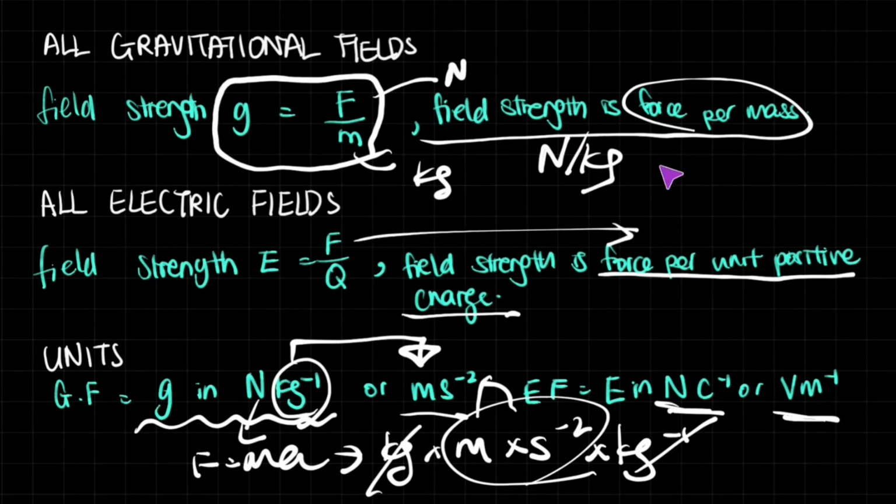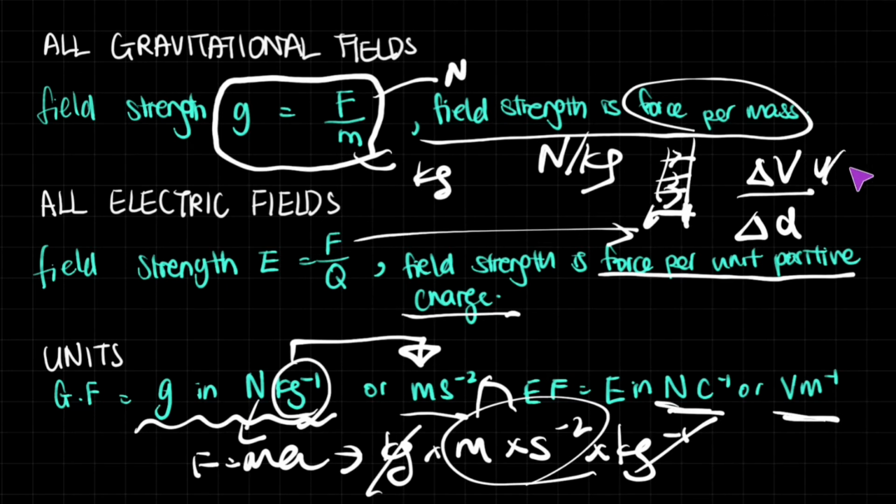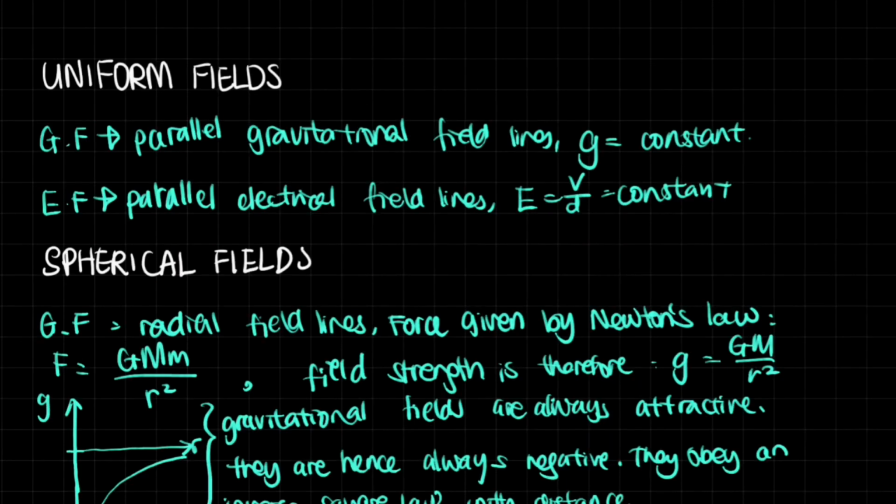If you have a uniform field, you can take the difference in voltage and divide it by the distance that separates the two plates, and you get the field strength. The units will be volts per meter. That is how we get the field strength for both types of fields.